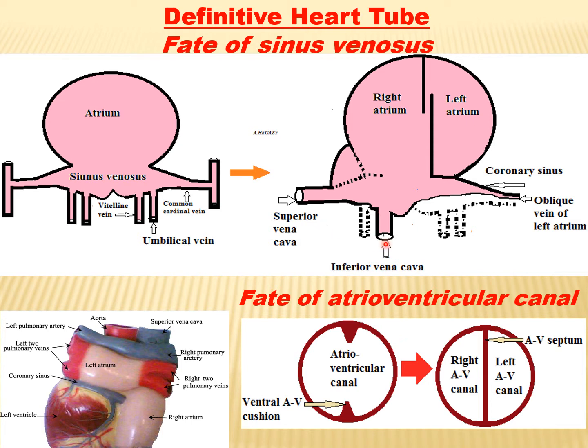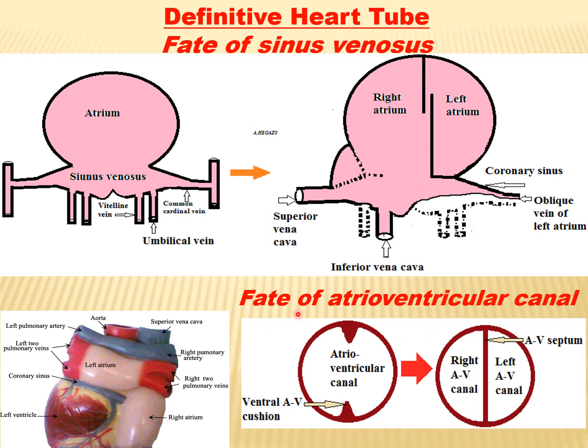To remember it also, vena begins with V and vitelline begins with V. So the right vitelline vein forms the proximal part of the inferior vena cava. This is the fate of sinus venosus.